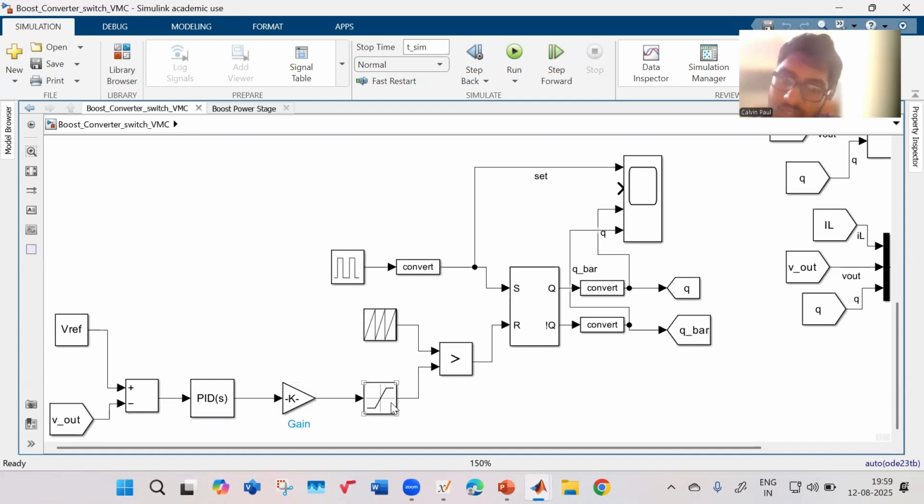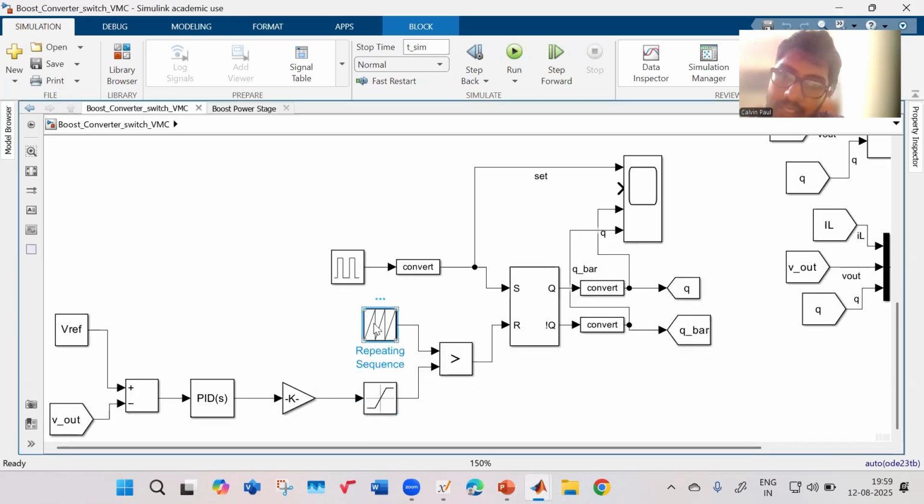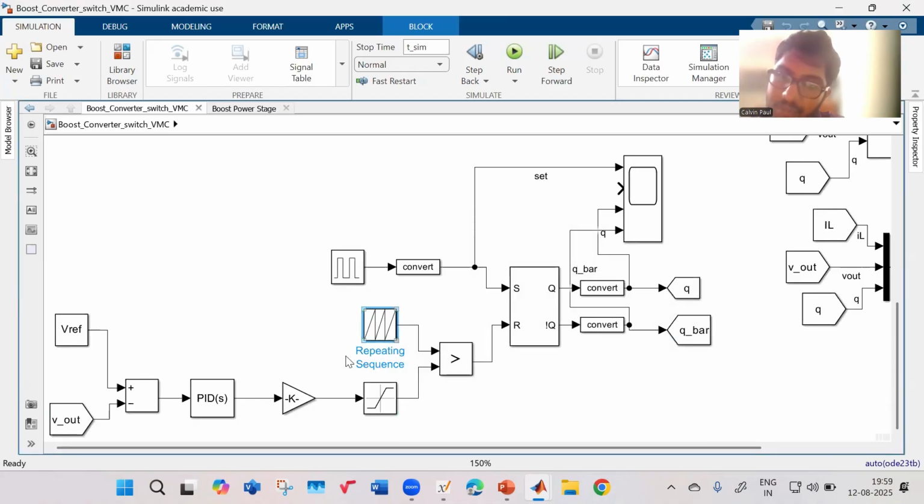Then I have a saturation block, which is required because I want my duty to have some minimum and maximum values. So I've given 80% duty as my maximum, 20% as my minimum. That I compare with this repeating sequence, which is actually my ramp, rising, falling, rising, falling. And this is my set pulse, which generates my Q, the gate signal. So this is how voltage mode control is implemented.